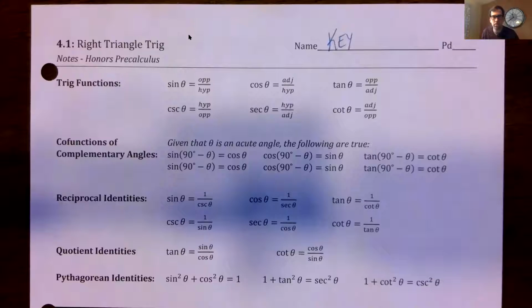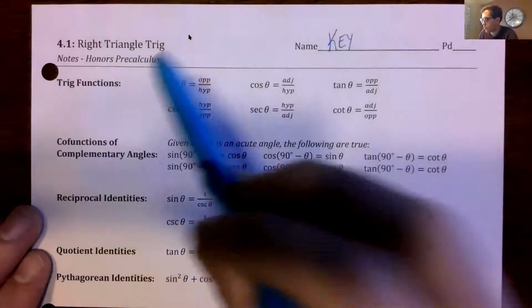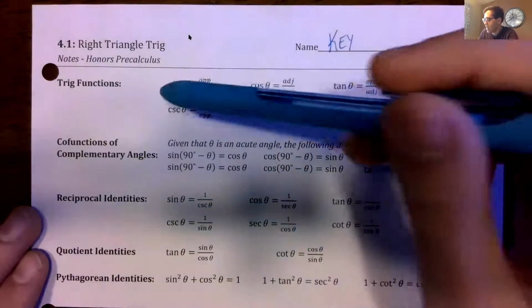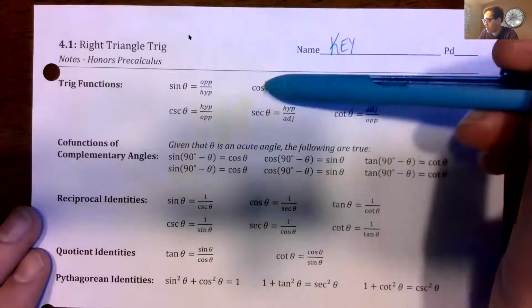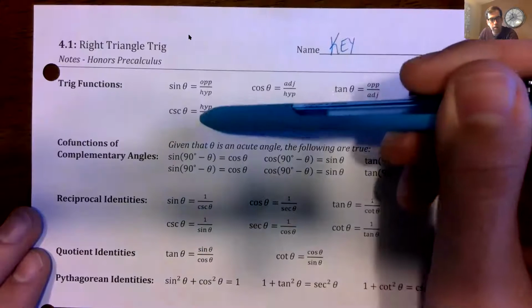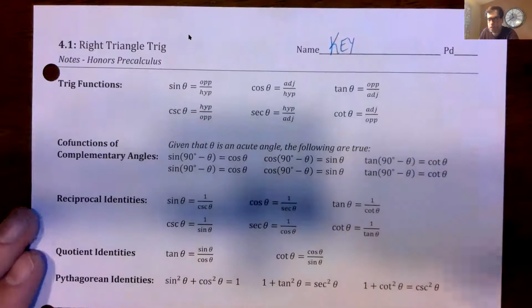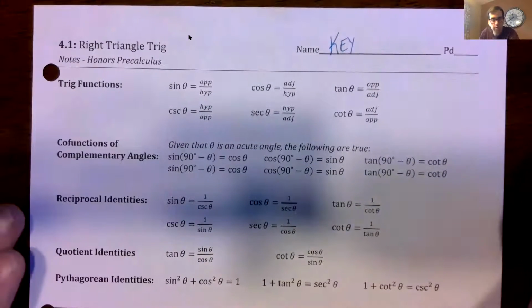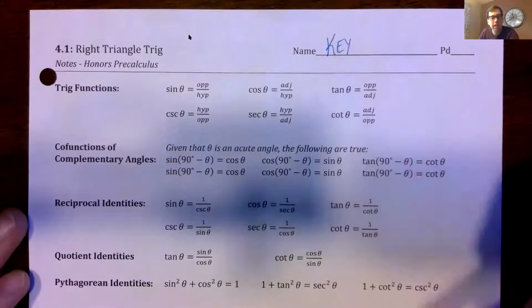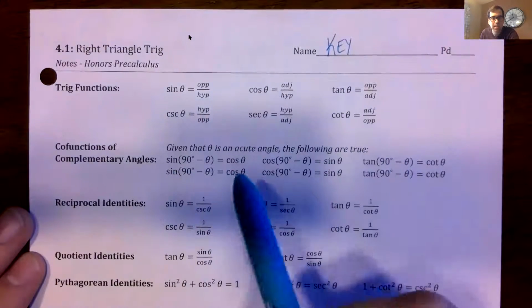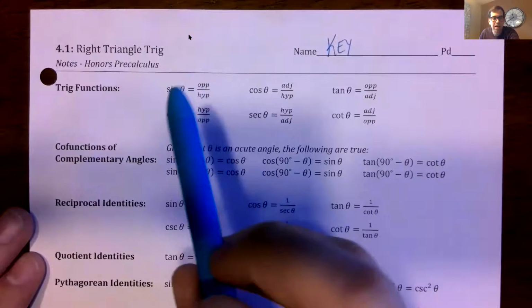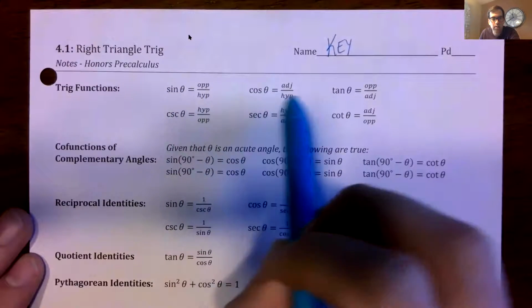Okay, here's our notes sheet for 4.1, right triangle trig. And we have 6 trig functions that we're going to be studying today: sine, cosine, tangent, cosecant, secant, and cotangent. And I want you to get very familiar and accustomed to saying them out loud like that, right? We're not going to say sin or cos or tan.